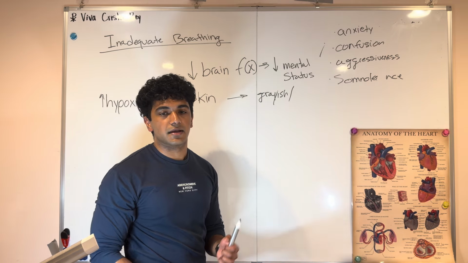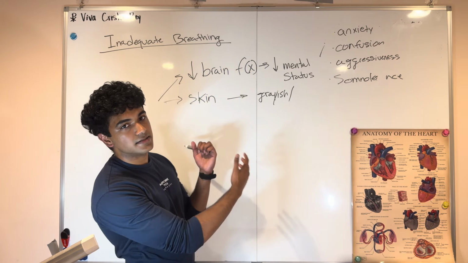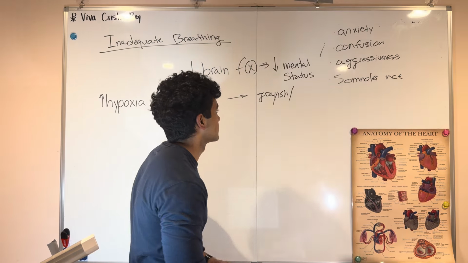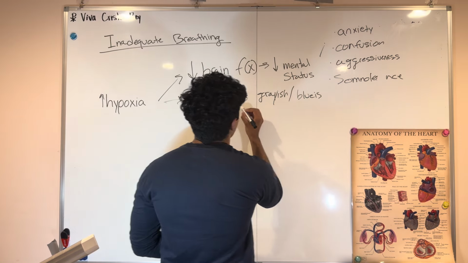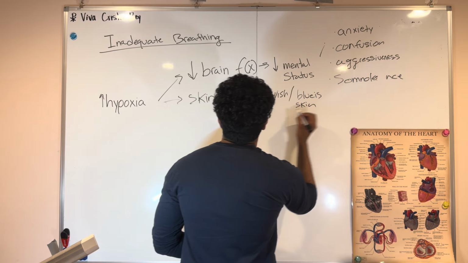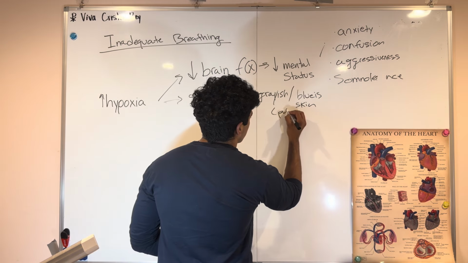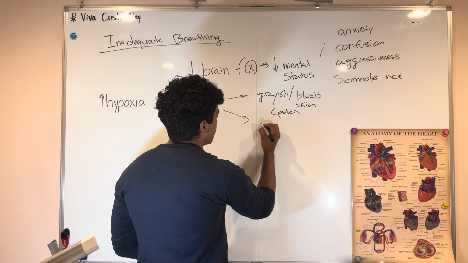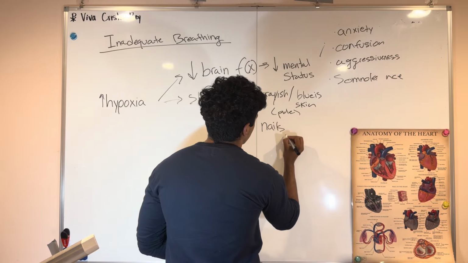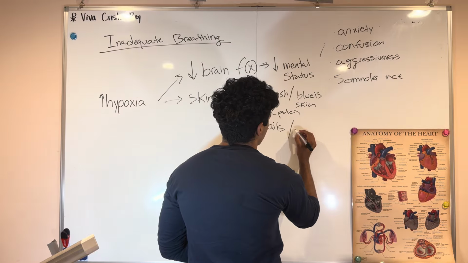If you have low perfusion, that means your cells aren't oxygenating, which is similar to this situation with hypoxia, but grayish, bluish skin. You might also want to look specifically at their nails, as well as their mouth.